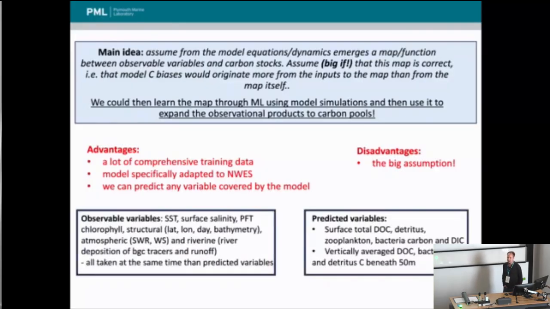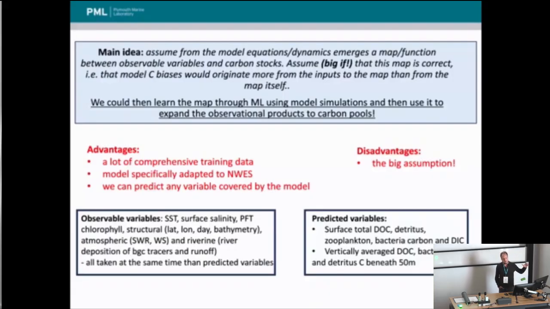Now, what are the predictors, or features, or model inputs? We're using a variety of variables, but what we call the observable variables are robustly observable variables from the satellite, which is sea surface temperature. We consider surface salinity as well. Then from the ocean color, chlorophyll, partitioned into the different size class chlorophyll, which is a regularly available satellite product.